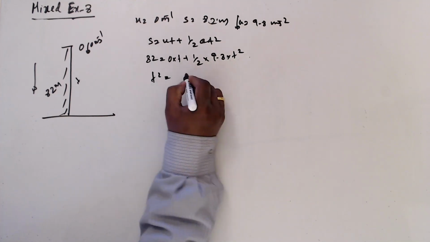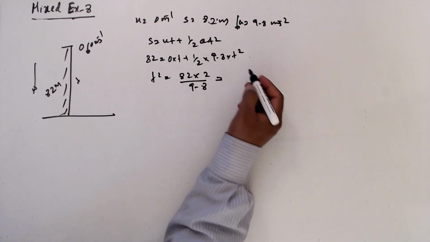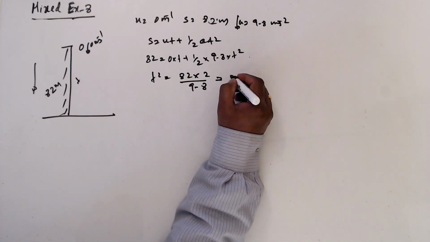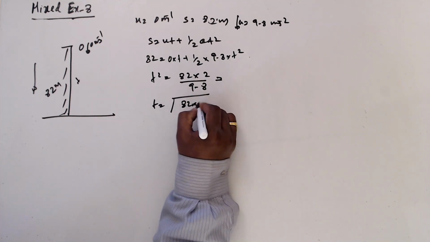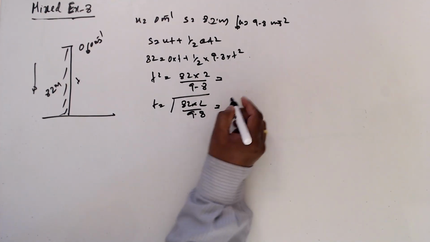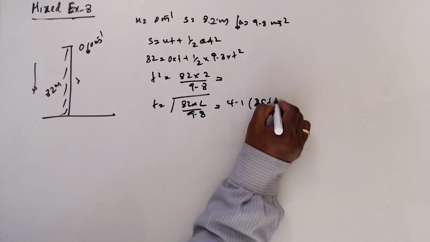So t squared equals 82 times 2 divided by 9.8. So approximately t equals the square root of 82 times 2 divided by 9.8, that is 4.1 to 2 SF.